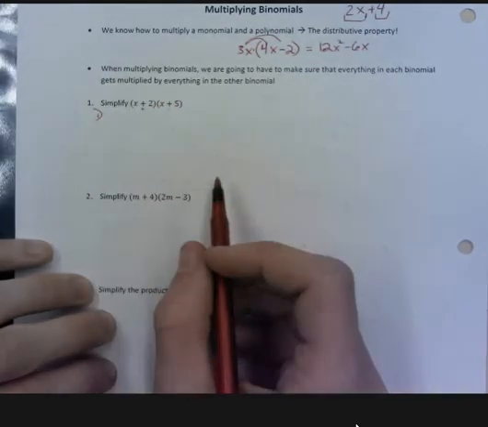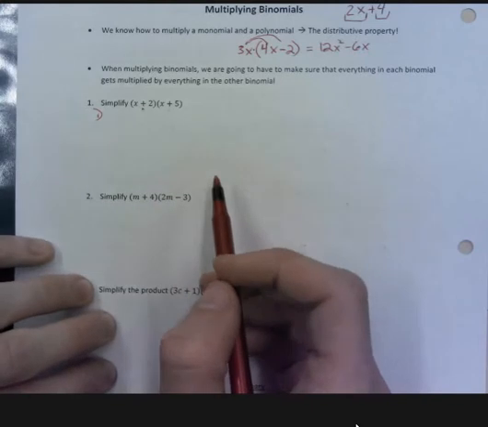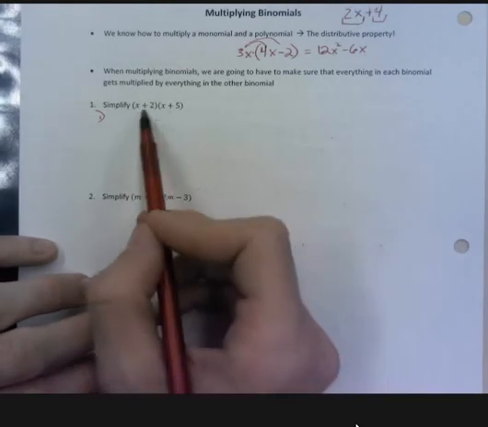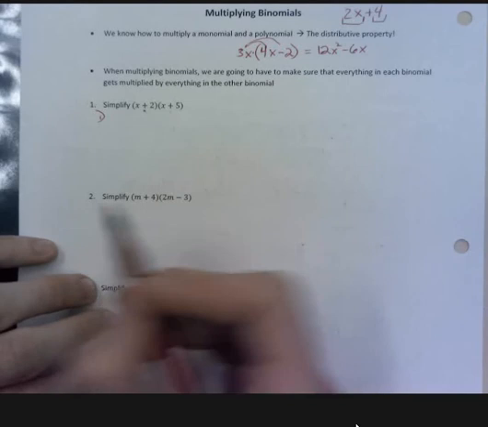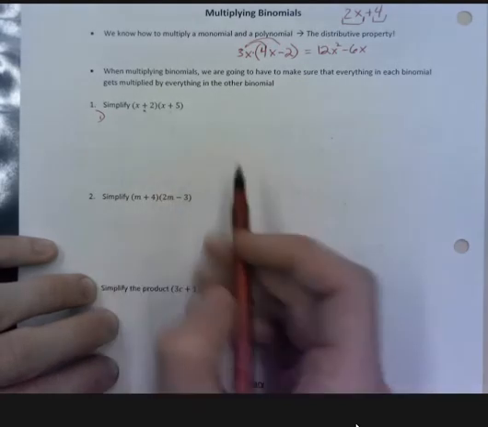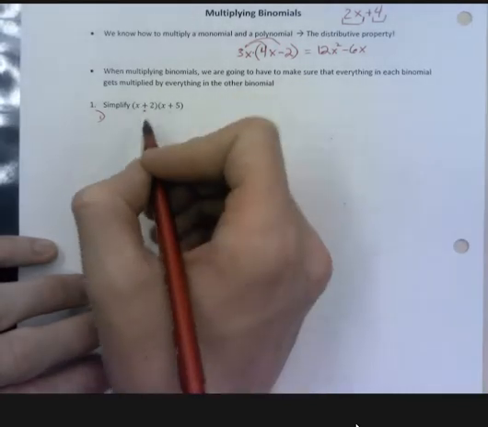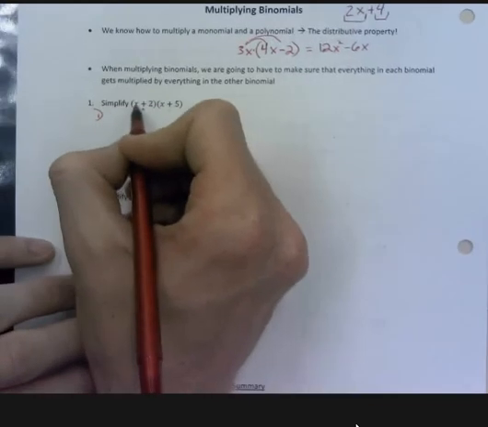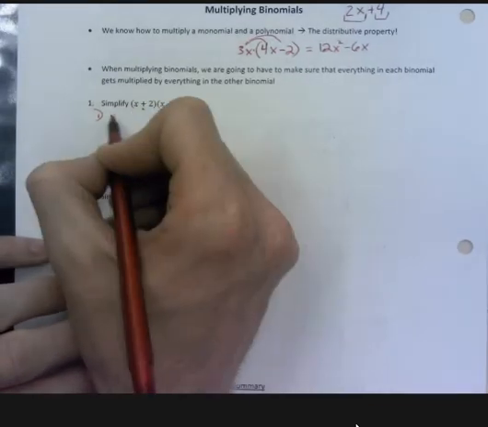Option 1 is, I just told you, every single thing in both of these binomials needs to be multiplied by every single thing in the other binomial. So if we wanted, we could say, take this x and multiply it by that whole set of parentheses.